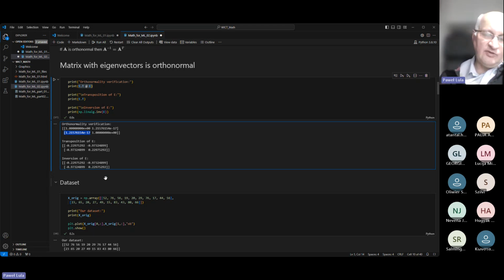Why is it very useful? Because when we have objects which are described by many variables, then they are difficult to analyze. They are very difficult to represent in graphical form. It is easier to present them when they are described by only 2 variables.